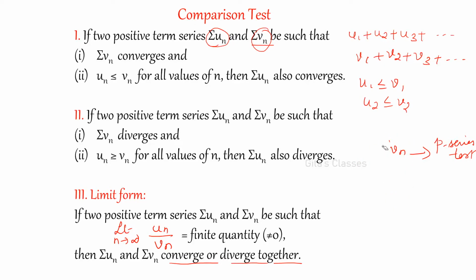We are going to find out the nature of the given series by comparing with some series sigma vn. How to decide that sigma vn? We have an auxiliary series which is called the p series test. Depending on this only, we are going to decide the nature of sigma vn.